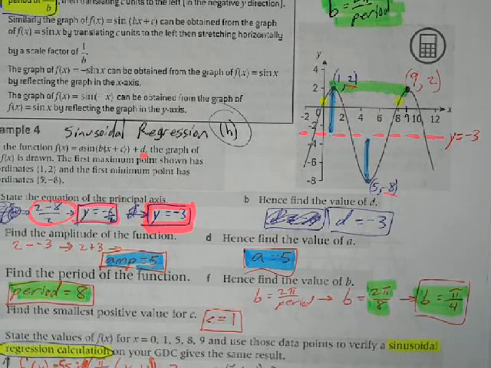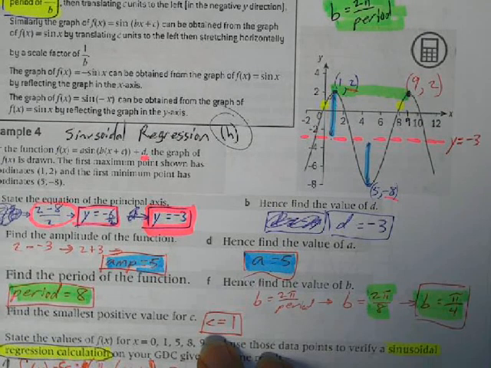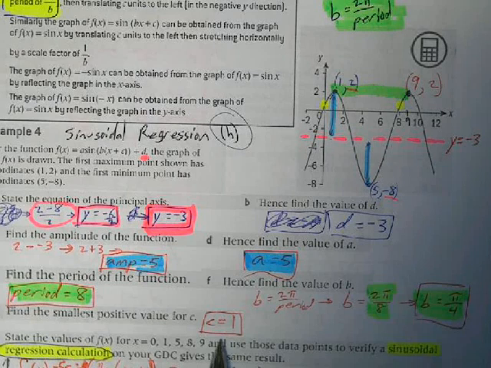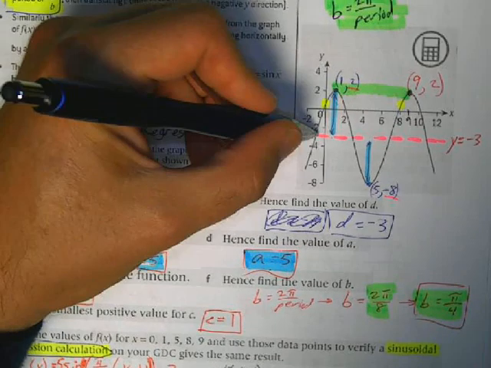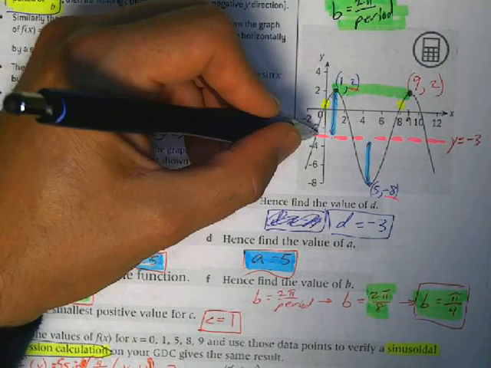Okay, now we're almost done. We want to find the smallest value of c. And how did we get 1? I forgot how we got 1, but it's 1.